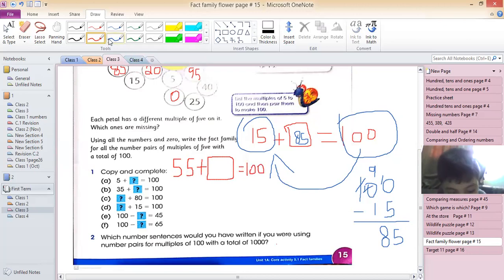Subtract the smaller number from the bigger number. 100 is the bigger number, and 55 is the smaller number. Subtract 55 from 100. Write 100 first and then write 55.